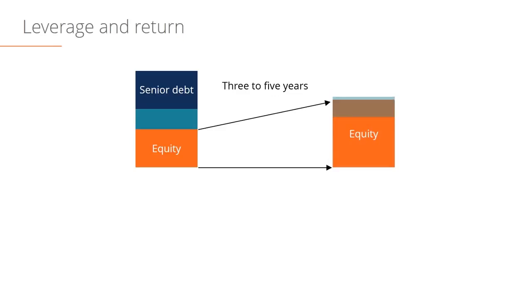The subordinated debt piece is exactly the same, and the senior debt piece is slightly smaller, as it's been repaid over its amortization period. So the value of the business has grown, but the majority of that benefit has gone to equity because senior debt's been paid down and subordinated debt has remained the same.